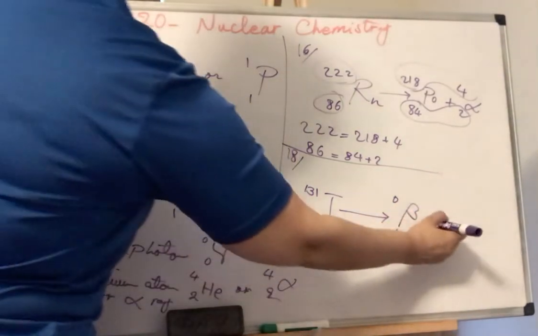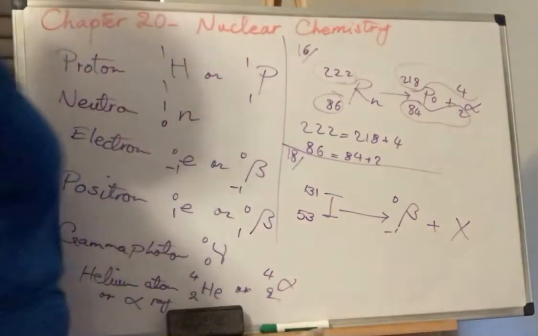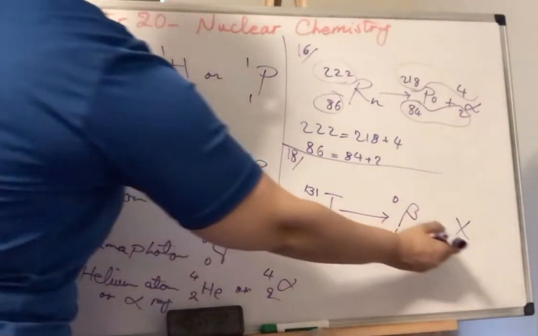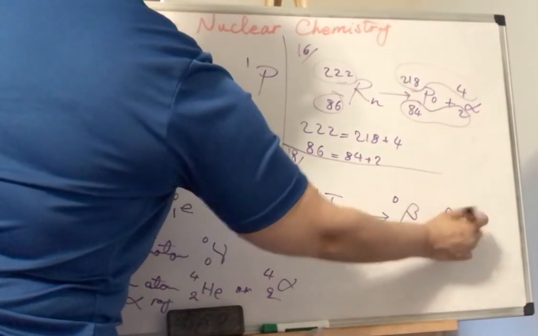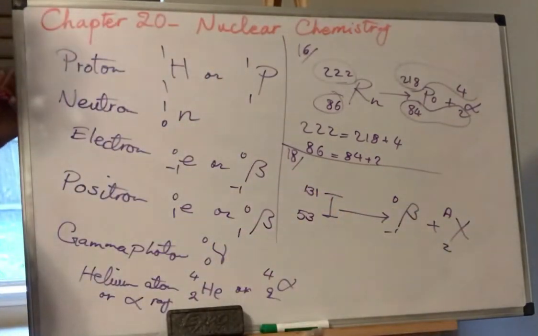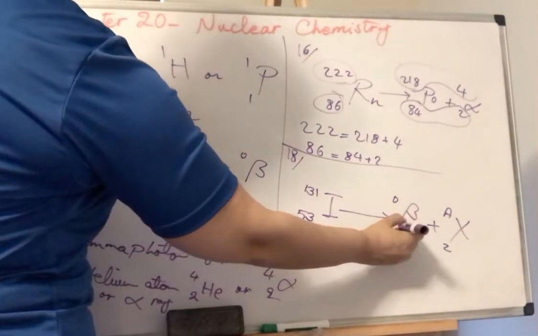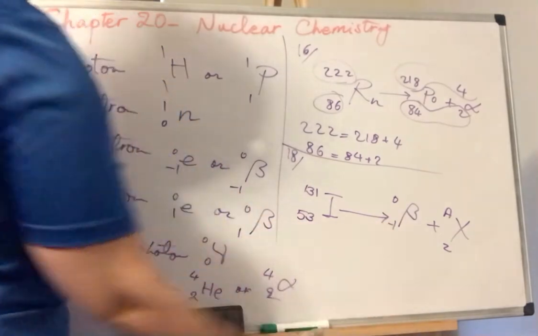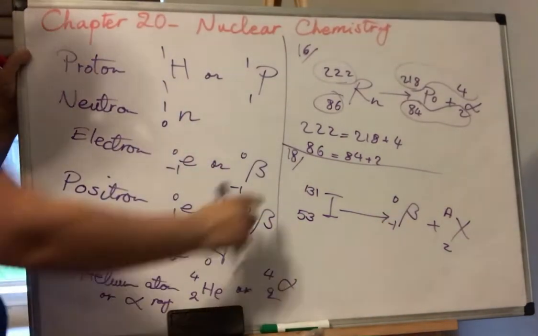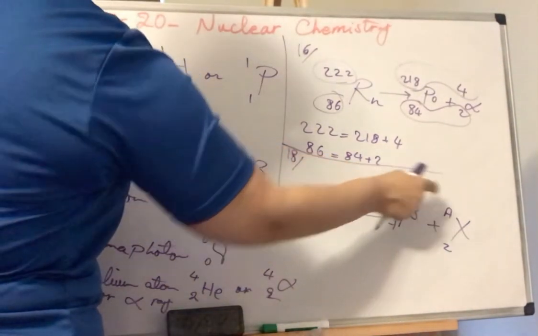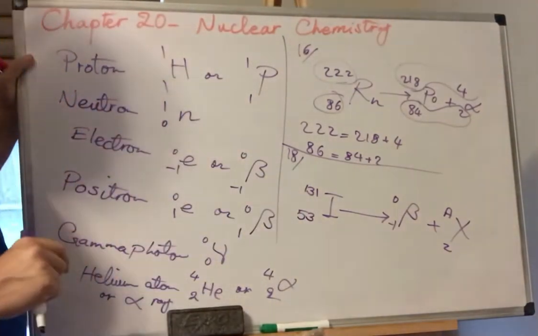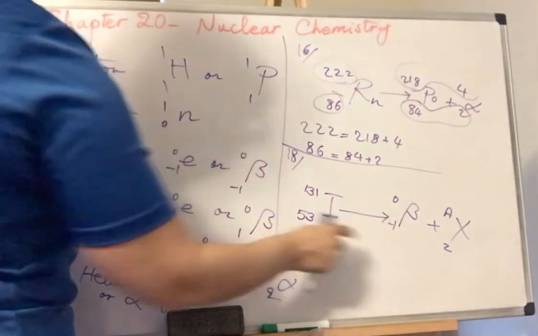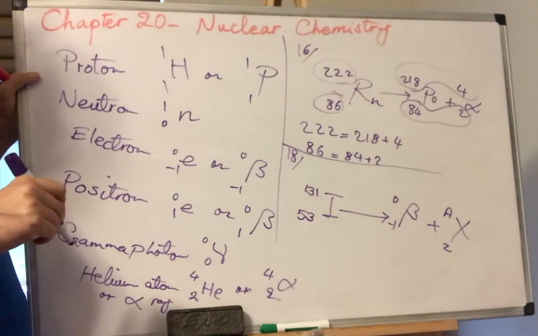Now we have the product which has a Z and A. Do you remember atomic number? We showed it with Z, and atomic mass with A, CHEM-1. So now the total of these two must be equal to 131, and the total of these two must be equal to 53.